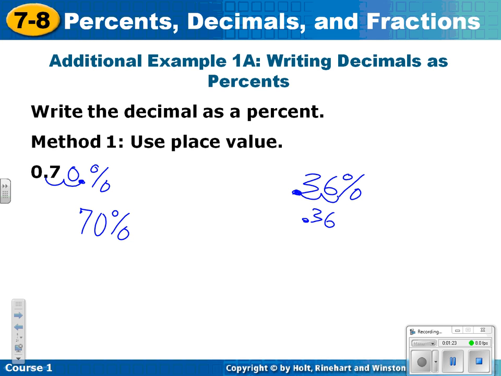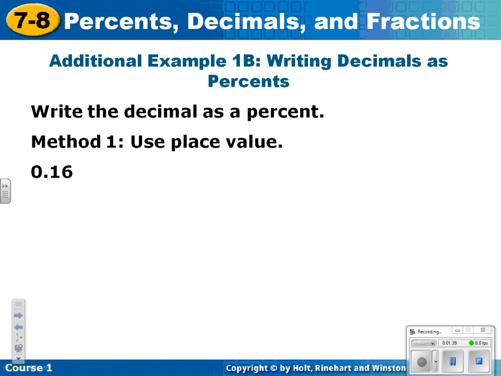Because it's out of 100. And you moved it this way 2 spots, so you got to move back 2 spots. What is that as a percent? 16%. Move it over. 16%.